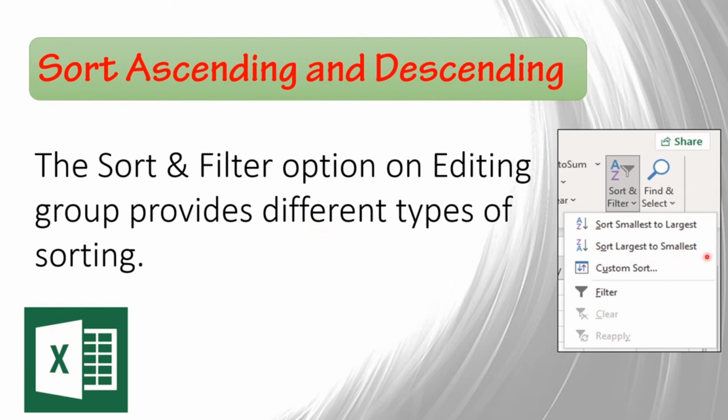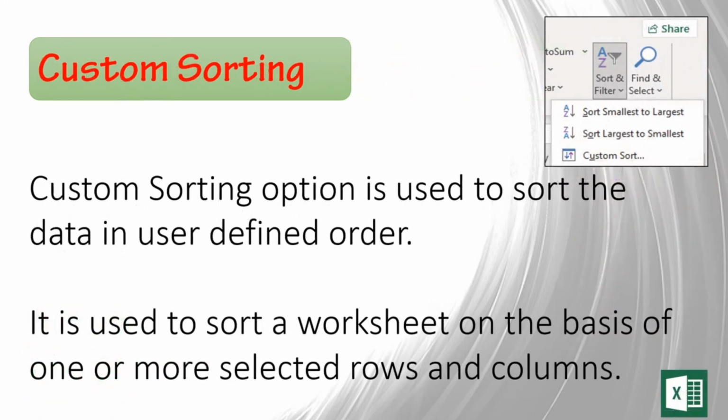Here you can see the different types of sorting: smallest to largest, largest to smallest, custom sort. Custom sorting. Custom sorting option is used to sort the data in user-defined order. It is used to sort a worksheet on the basis of one or more selected rows and columns.